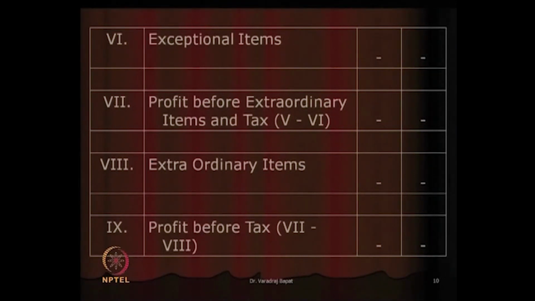Now you may have a question in mind as to what is this exceptional and extraordinary items. Now as the name suggests, these items do not happen regularly, they do not happen frequently. So if they happen sometimes, it is better we show their effect separately so that our regular P&L account is not affected. Can you think of some extraordinary item?